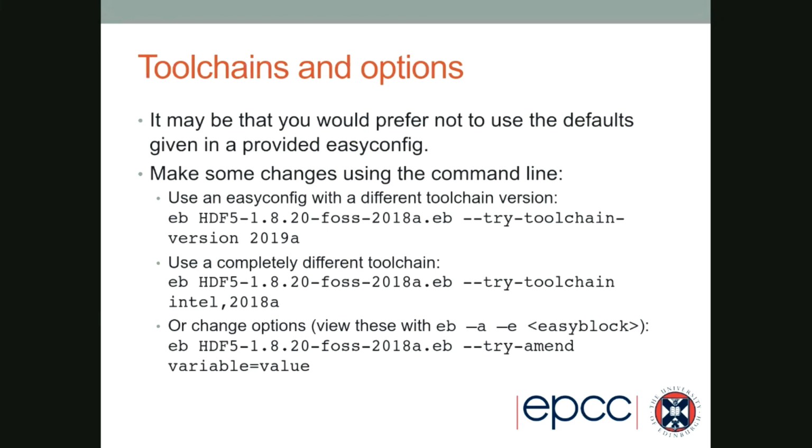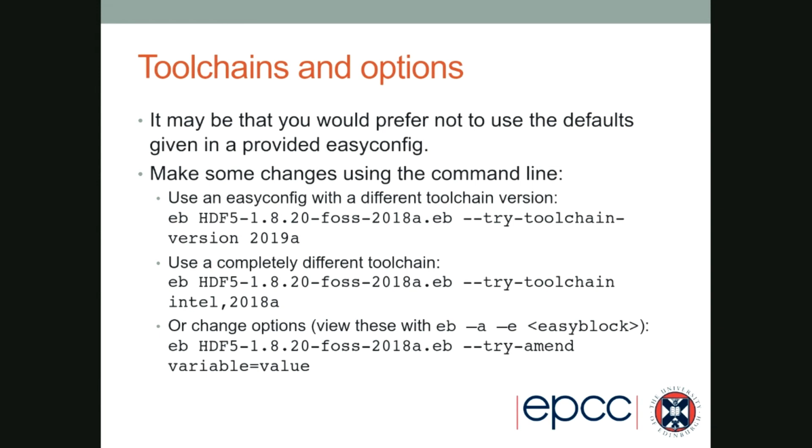For example, if you were doing the same one as before, HDF5 1.8.20, FOSS 2018A, we can instead use the try-toolchain-version option to change that up to 2019A. And it will simply do exactly what it would have done before, but it will swap out, right down the chain of dependencies, FOSS 2018A for 2019A.